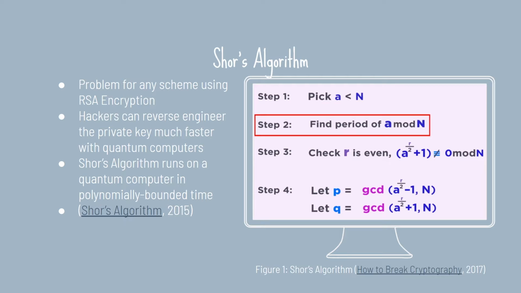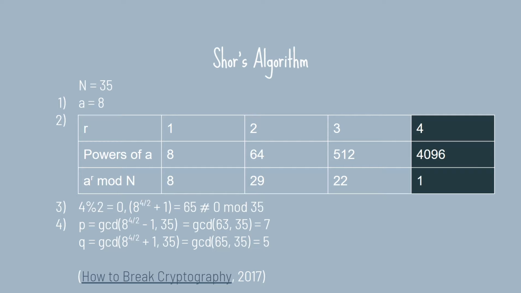However, one thing that quantum computers can do quickly is factor really large numbers, which is bad news for RSA protocols. Quantum computers are able to do this using Shor's algorithm, which goes like this. First, we pick a number a less than n. In this example, I chose a to be 8 and n to be 35.